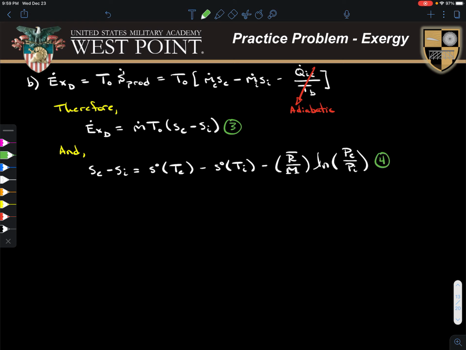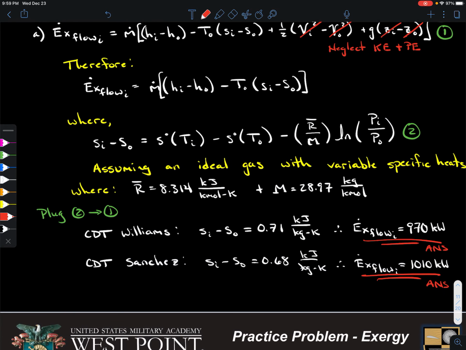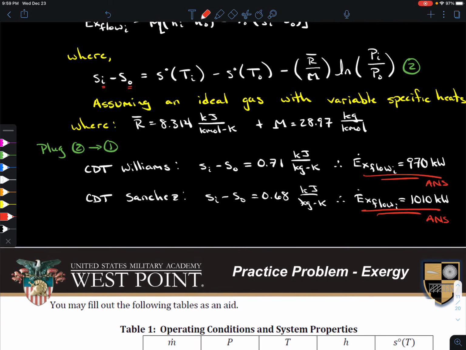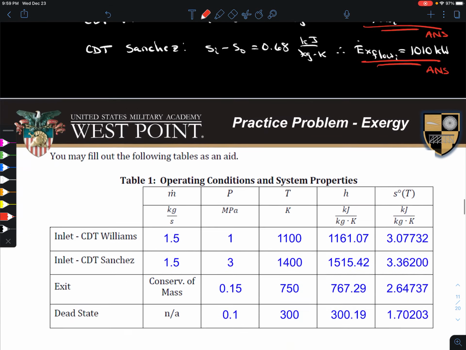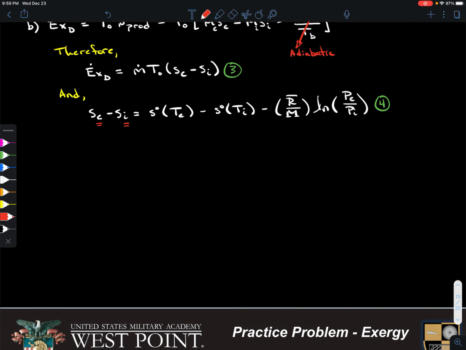In fact, I'm going to scroll back up here, calling out a couple things first. We have the exit of the turbine, and we have the inlet of the turbine. Notice when we used it earlier, we had the inlet of the turbine and we had the dead state. But we can use the same form of the equation for both. We can still use the same form of the equation to get an entropy difference, regardless of whether it's an exit or an inlet comparing across the turbine, or if it's comparing a single state in the turbine with the dead state surroundings.